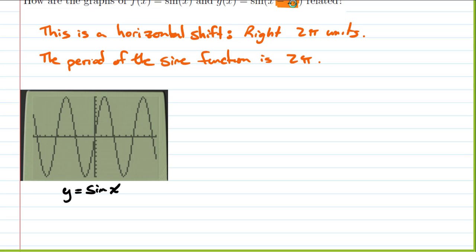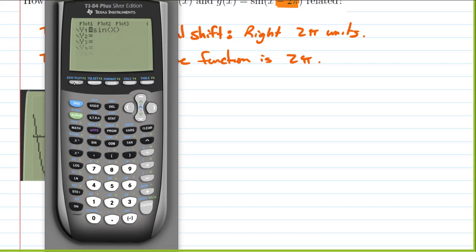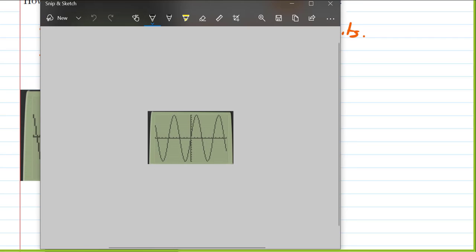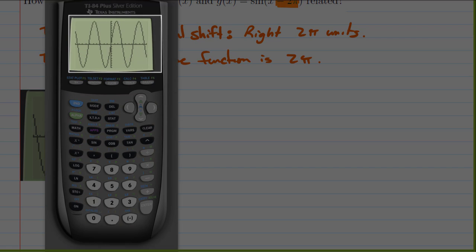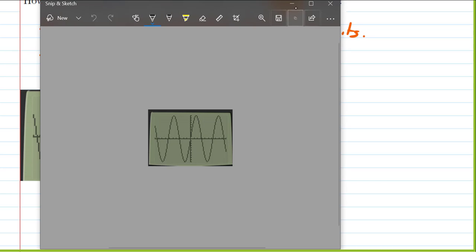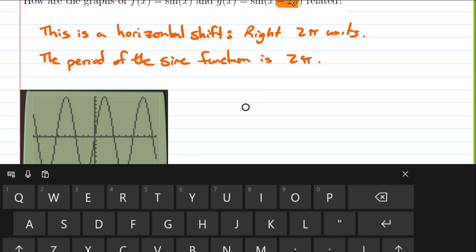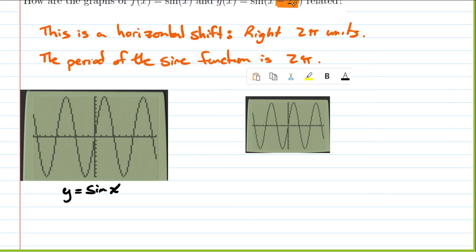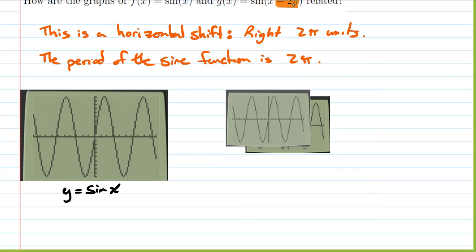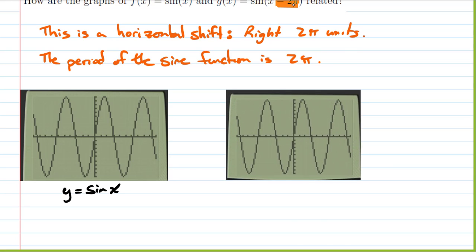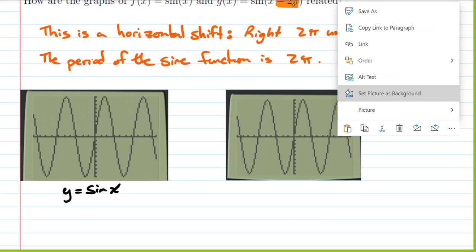Well, if I were to graph y equals sine of x minus 2 pi, and I graph, what do we notice about these two graphs? At least in my opinion, they look exactly the same.